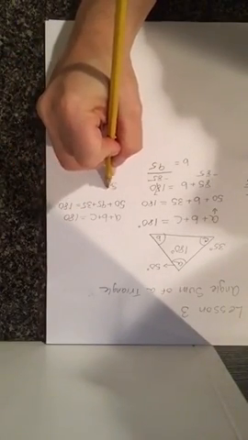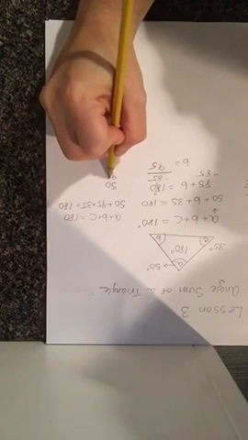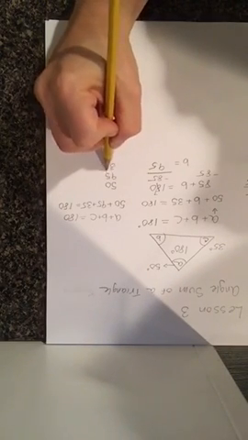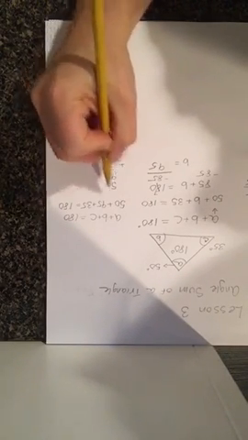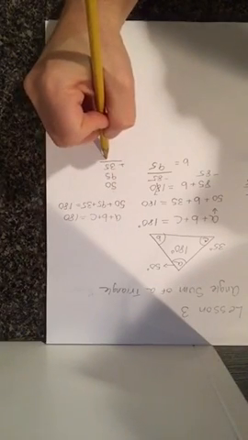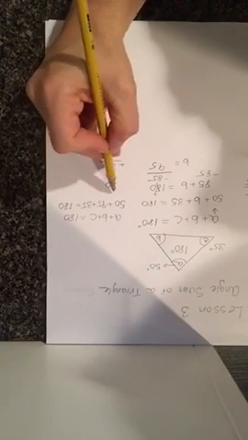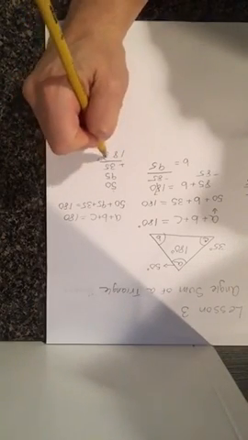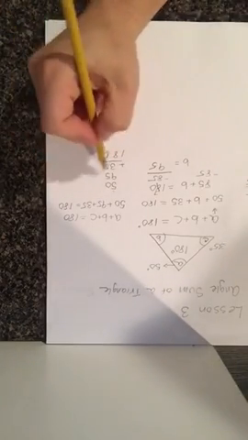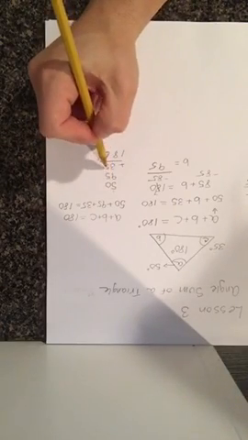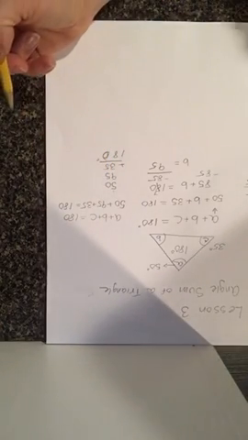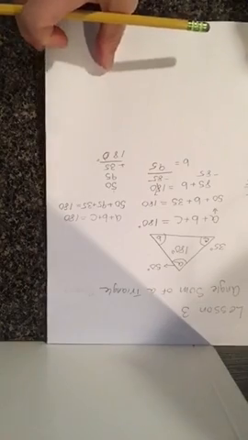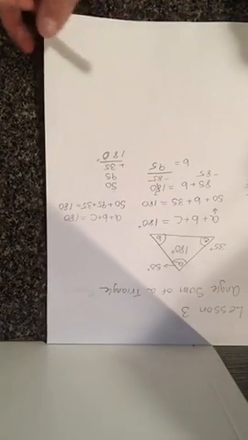Well, 50 plus 95 plus 35. Let's add those together. So 5 and 5 is 10, 9 and 5 is 14, and 1 is 15, and 3 is 18. So 180 degrees for angles A, B, and C. And basically that's all we learned about the angle sum of a triangle.